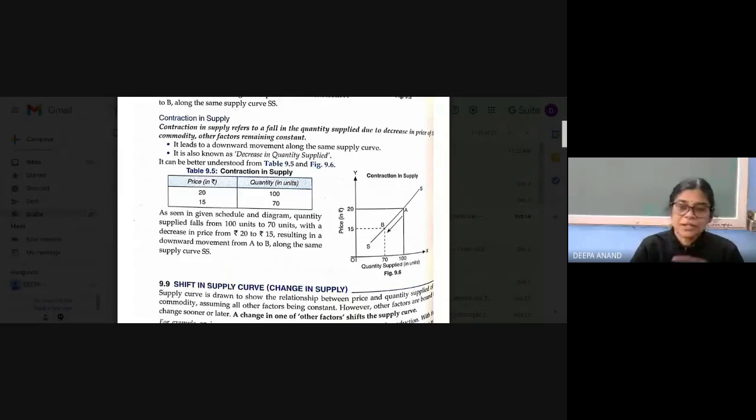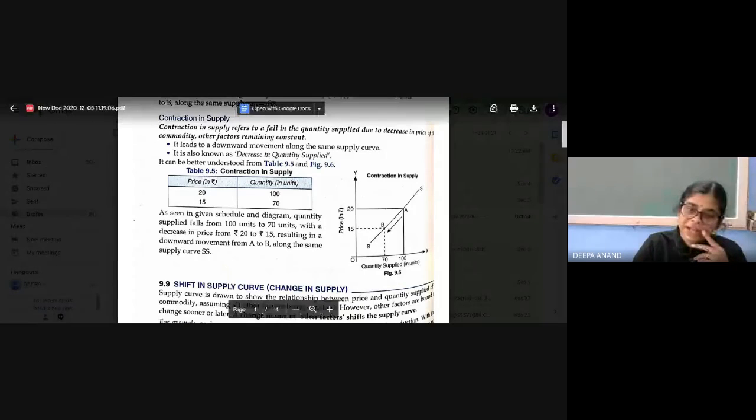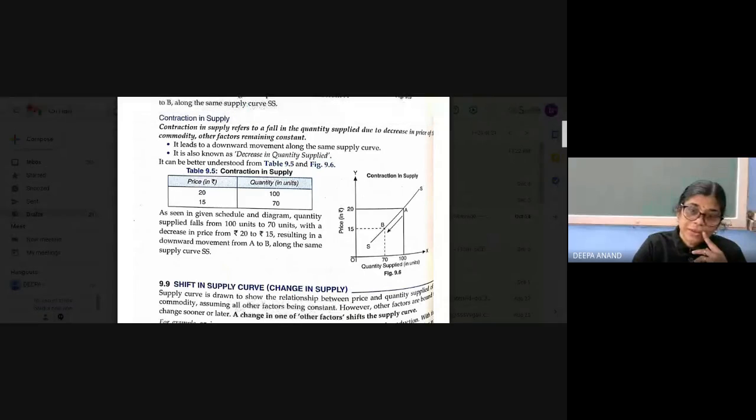The graph will be like this: y-axis, x-axis, 20 and 15. Make the regular line at the first one, 20, because we have to show contraction. Show 50 to 70, then A to B. Here this one is A and this one is B. Make the points. What was written earlier was A and this is B; now this is the previous position, that's why we are naming this particular point as A and this is B. So there is a downward arrow; that is contraction.